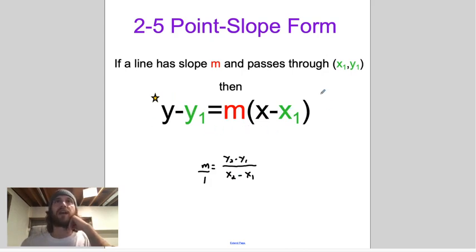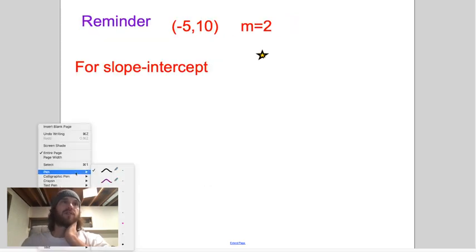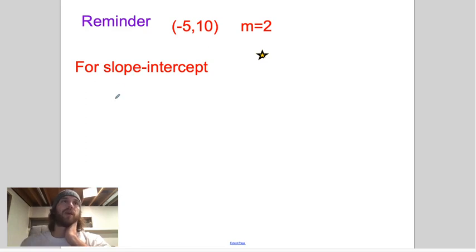So what's the big advantage of point-slope form? The big advantage is that it can be very, very fast to write an equation in point-slope form if you have a point and a slope. Let me show you. Let's do it the old way first. Here was how we wrote an equation in slope-intercept form if the line passed through (-5, 10) with a slope of 2.